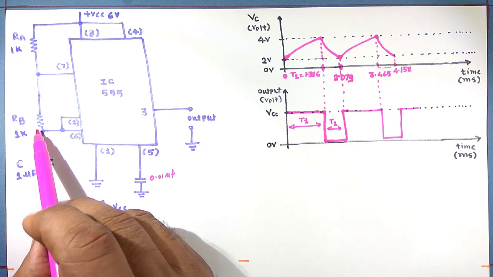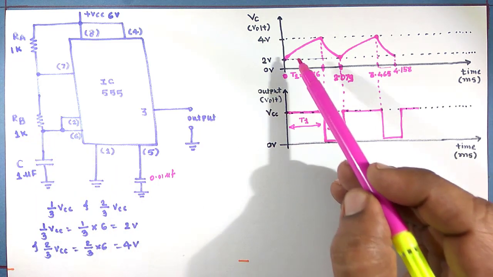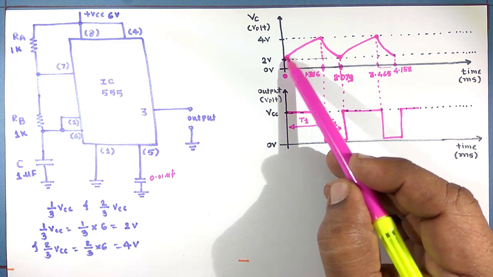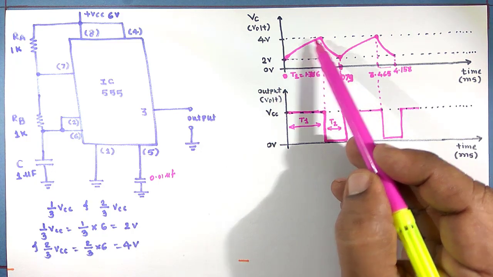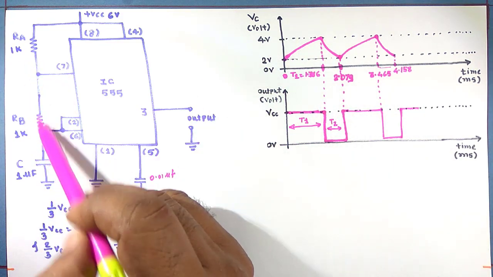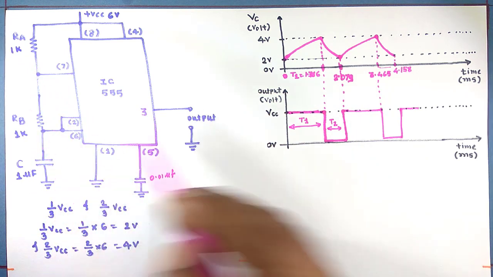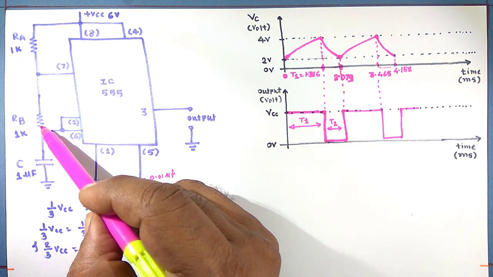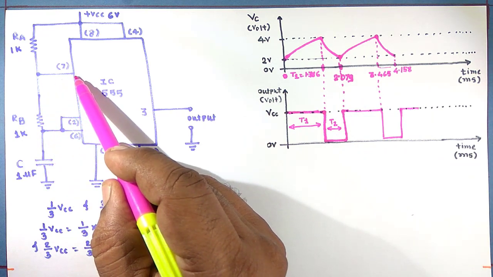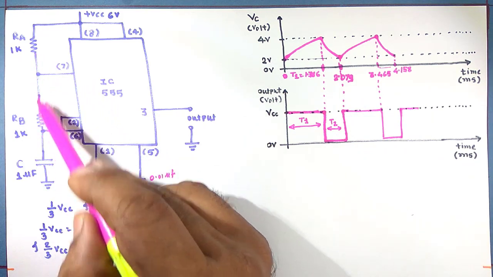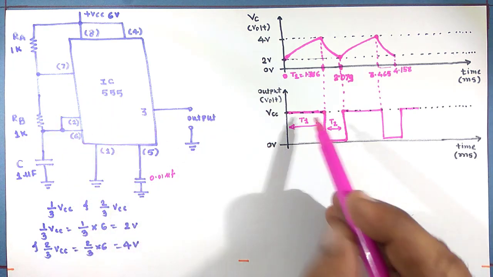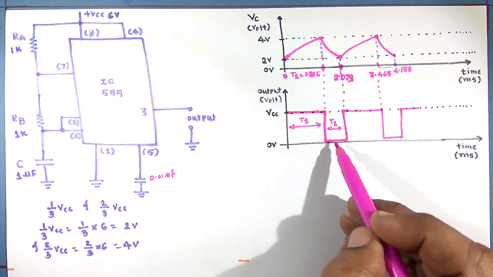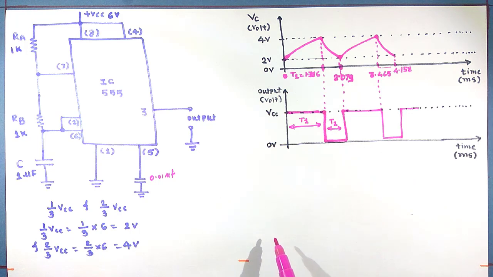Why is this so? Because capacitor charges from 2 volt to 4 volt through both the resistors Ra plus Rb, but capacitor discharges through only resistor Rb. So though both the resistors are of the same value, time t1 and t2 are not the same.